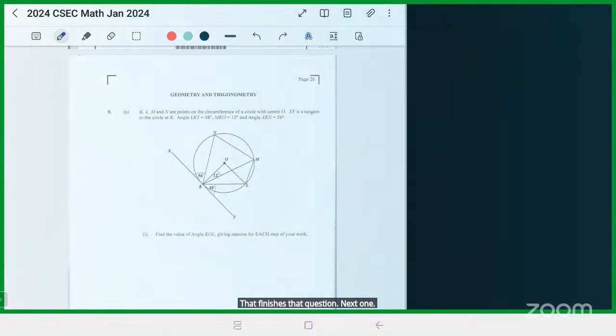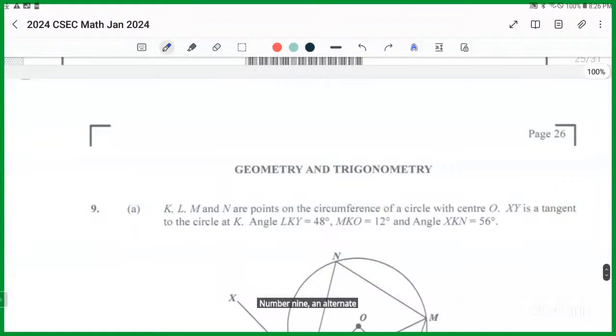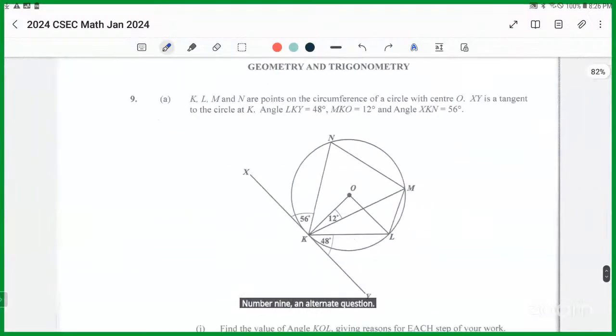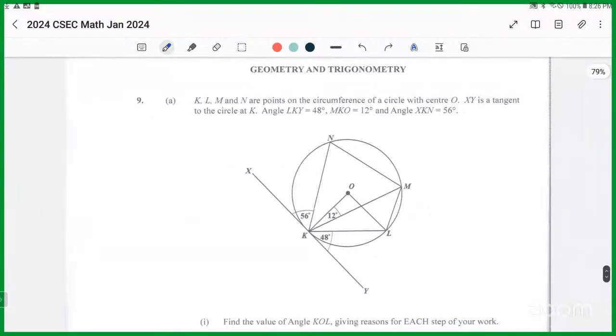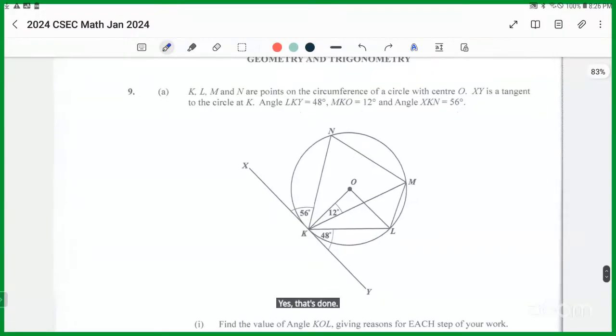Number 9, penultimate question. This question tells us that K, L, M, and N are points on the circumference of a circle, and the center here is O. It says XY is a tangent, that's a tangent. And the angle here is 48.